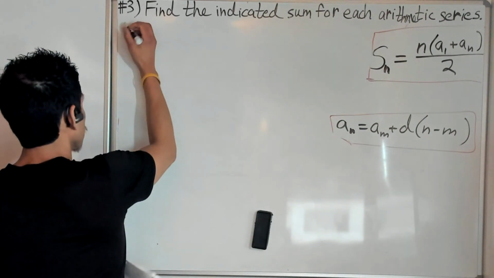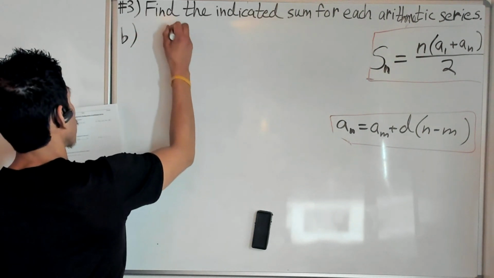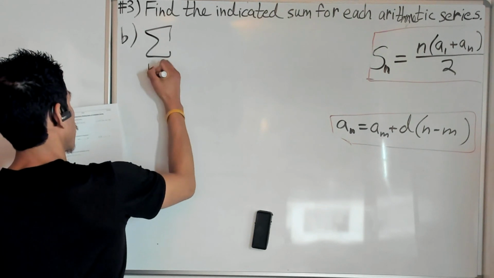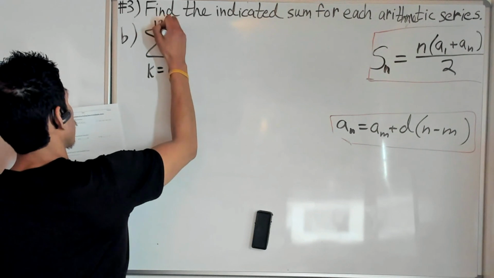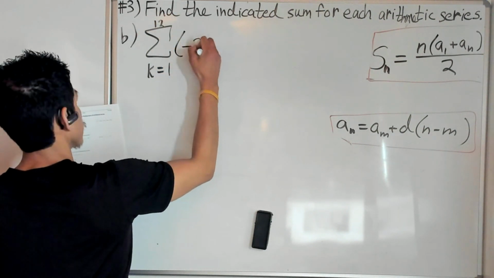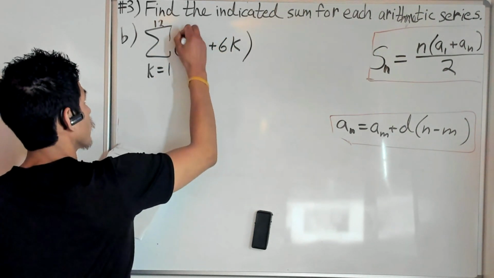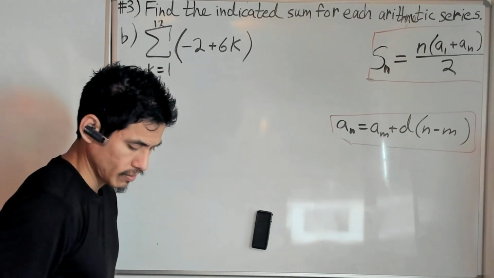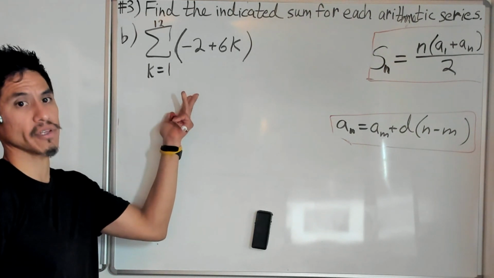Let's see, B has a series, with the index going from 1 to 12. All right, these ones are actually really easy.